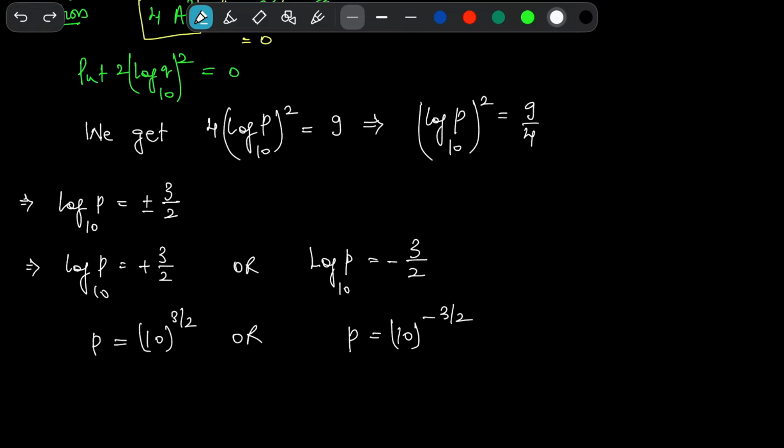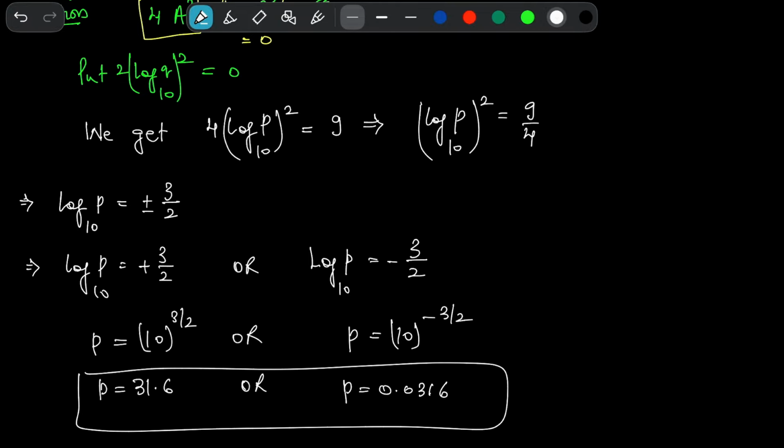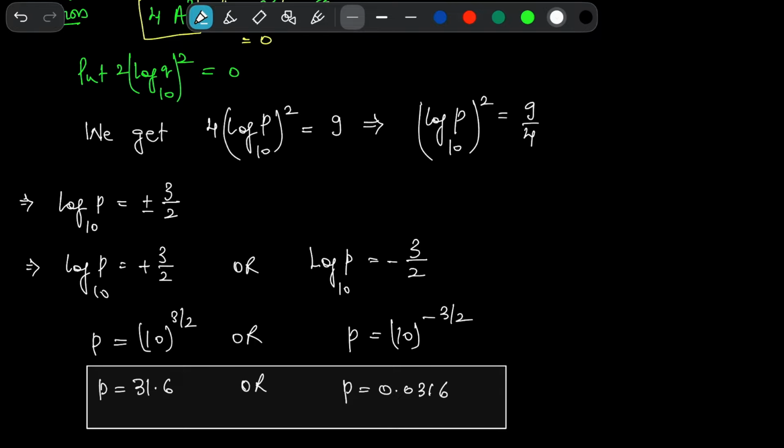So 10 raised to the power 3 by 2 gives me the answer as 31.6, and 10 raised to the power minus 3 by 2 gives you 0.16. So these are the two values for the given question, and the maximum value for p in this particular expression is 31.6.